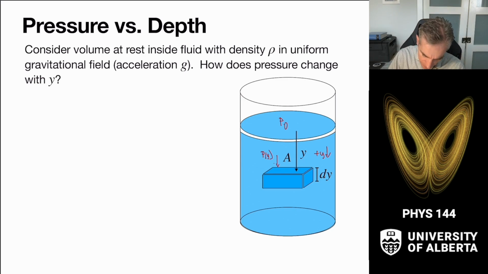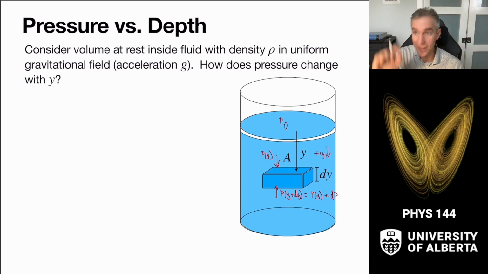Then there's going to be a force on the bottom pressing up from the pressure at y plus dy, and we're going to say that that's equal to the pressure at y plus some small change in the pressure dP.